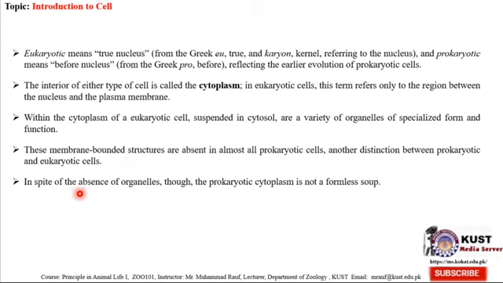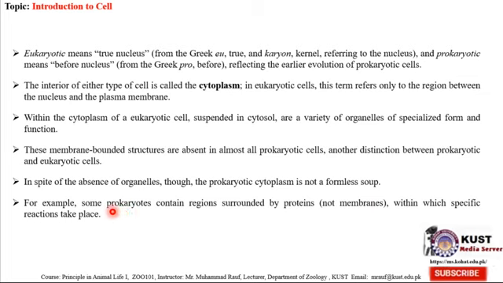In spite of the absence of organelles, though, the prokaryotic cytoplasm is not a formless soup. Although the membrane-bounded organelles are absent in prokaryotic cells, their cytoplasm also has certain structures which enable them to survive.